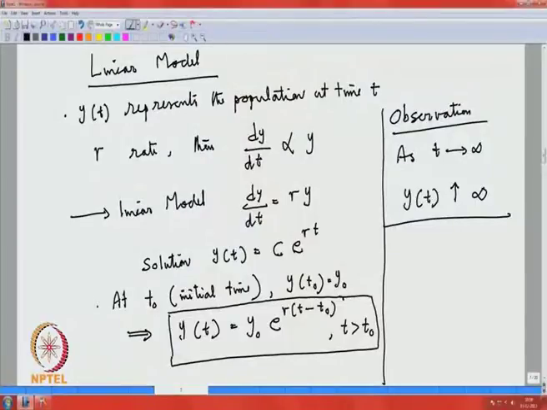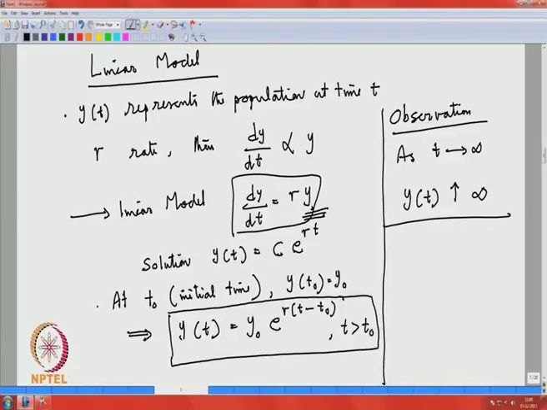We do not take those. So we are going to give you a nonlinear model now, as this model is not suitable when the population is big. This model is reasonably okay when your population is not too big, and that is a known fact.